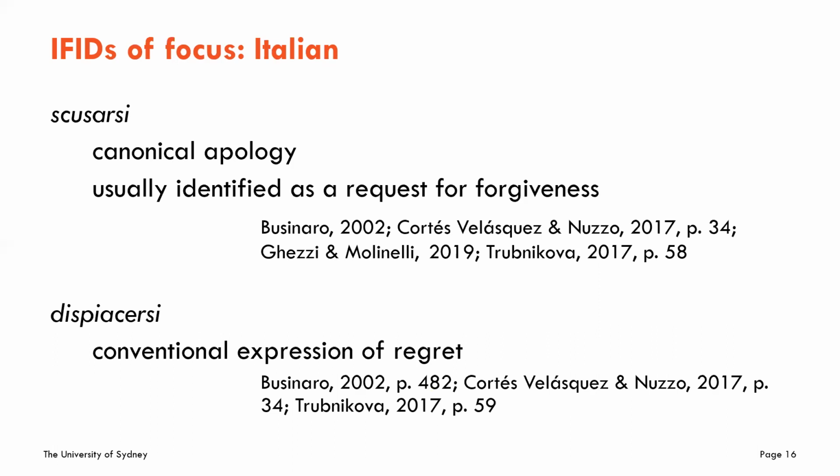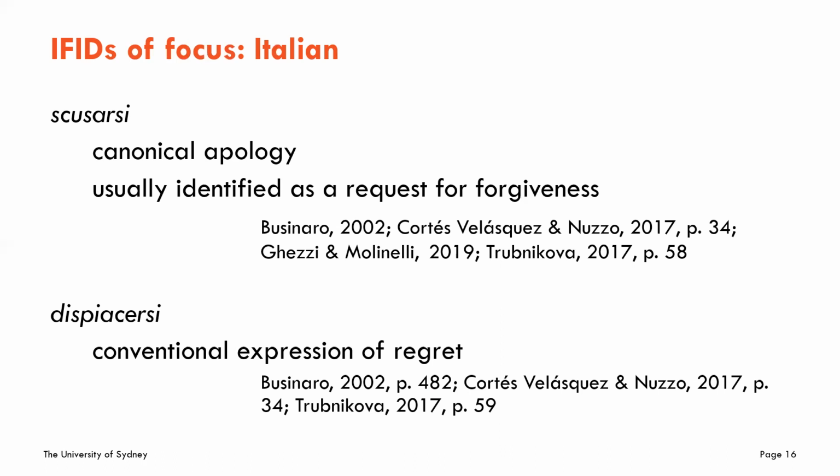And usually this is identified as a request for forgiveness. So there's this implication of you've done something wrong, you're admitting that you've done something wrong, you're asking for somebody to forgive you. In contrast, dispiacersi is a conventional expression of regret. So it doesn't necessarily carry that implication of wanting somebody to forgive or of having admitted to having done something wrong.